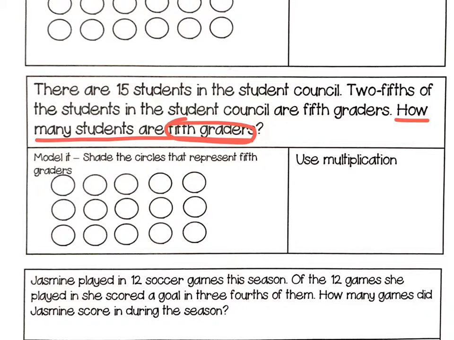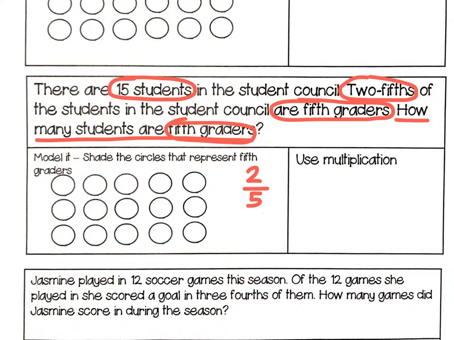Information that will help us in the problem is that there are 15 students in all, and 2/5 of them are 5th graders. So in our model, we see 15 students, and the fraction I'm looking for is 2/5. So again, I want to use my denominator, my 5, to help me determine how to split up my students.